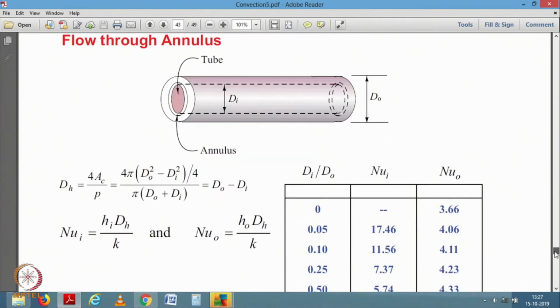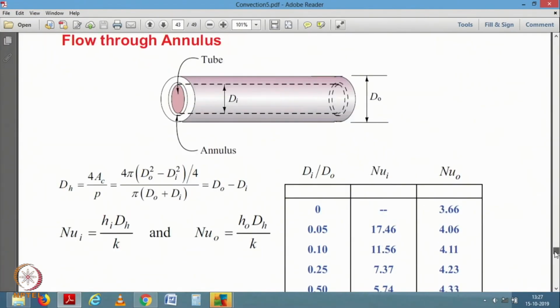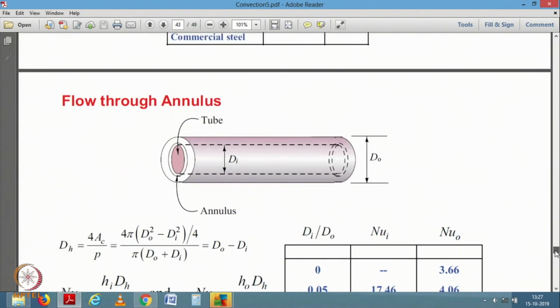There are other special geometries like flow through an annulus, which we are not going to cover typically in undergrad courses, which also involve exactly the same procedure that was done for flow through a circular pipe. Instead of the full area, you have an annulus area, so you have to account for it. And in non-circular geometries, you will end up using what is called the hydraulic diameter, which is 4 times the cross-sectional area divided by the wetted perimeter.